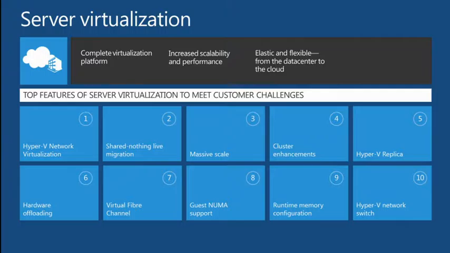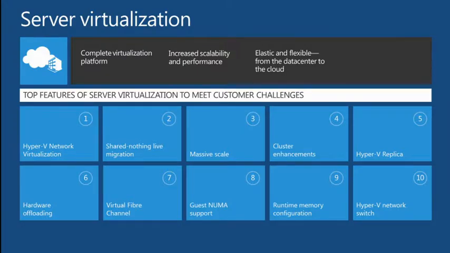The next thing, I think from a great feature point of view, is shared nothing live migration. Now, live migration in general, we've really hit it out of the park with Windows Server 2012. We supported live migration before in a clustered environment, and now we support live migration outside of a clustered environment with a number of different techniques. I'll demonstrate some of these.